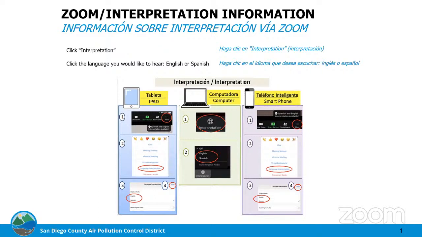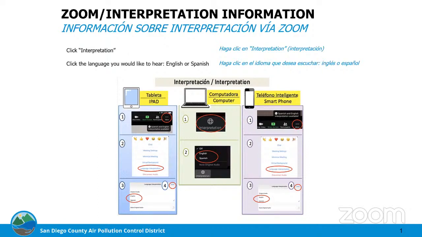For those of you who speak English and only want to hear what is being said in English, you will also need to choose the English channel. From your computer, in a moment, at the bottom of your screen, a globe will appear, and that's where you're going to click for interpretation.